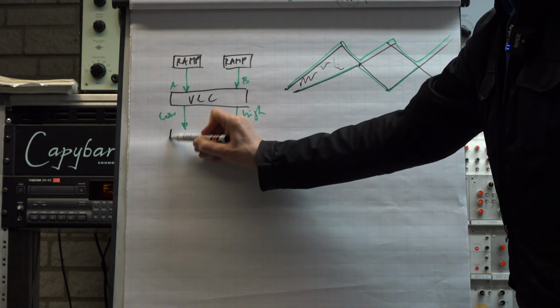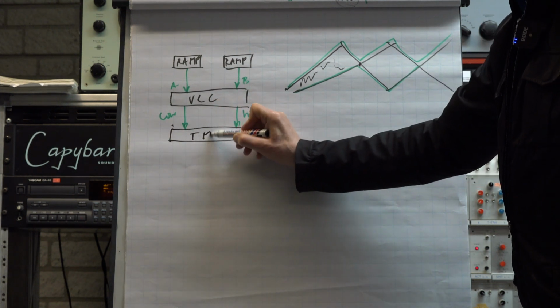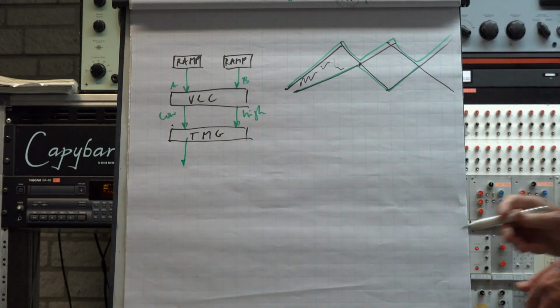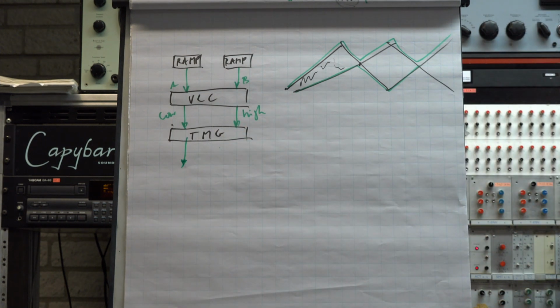So I'm going to send those to my tendency mask generator, and with this control voltage I can do anything I want. I can control the frequency of an oscillator, I can control the amplitude of an amplitude modulator, I can control the cutoff frequency of a filter, whatever I like.